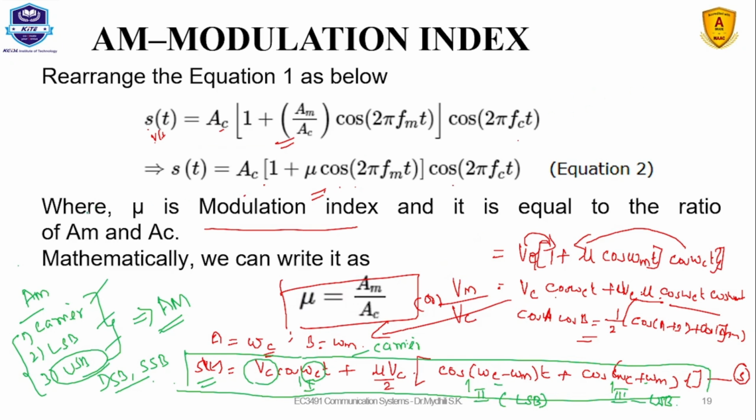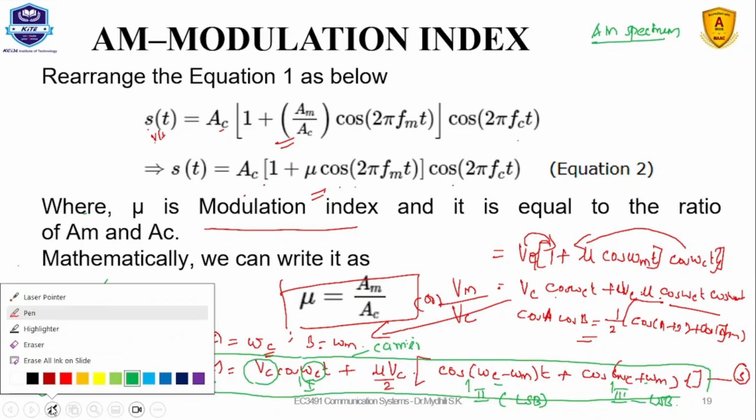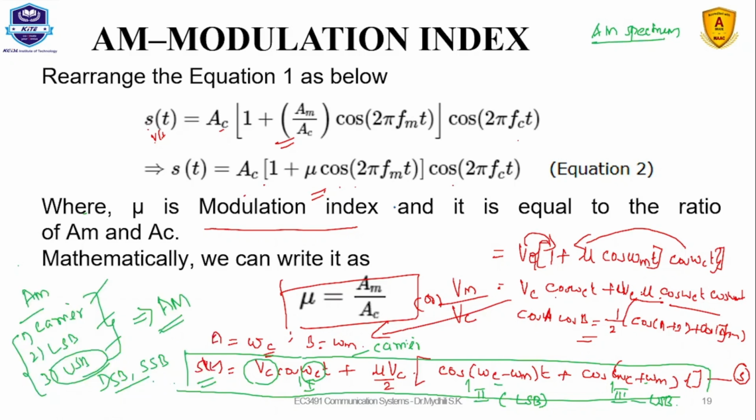For these three terms, this is how the amplitude modulated spectrum is drawn. Spectrum is nothing but the representation in terms of frequency domain. As I said, the carrier is very important.